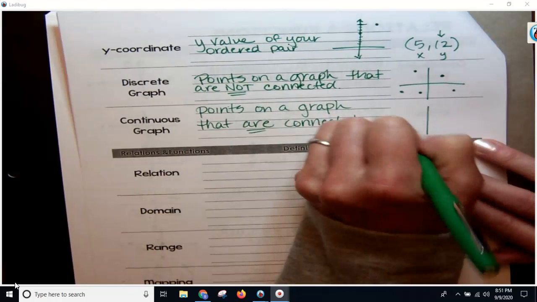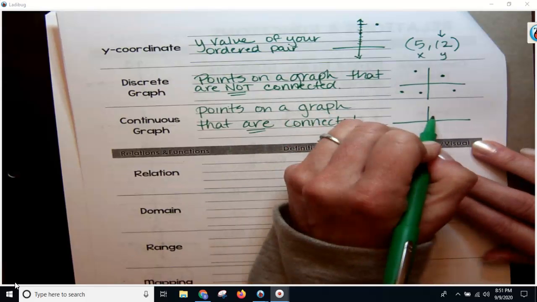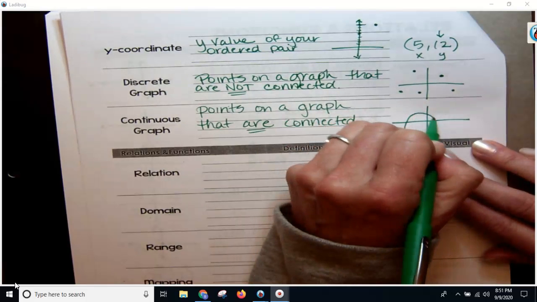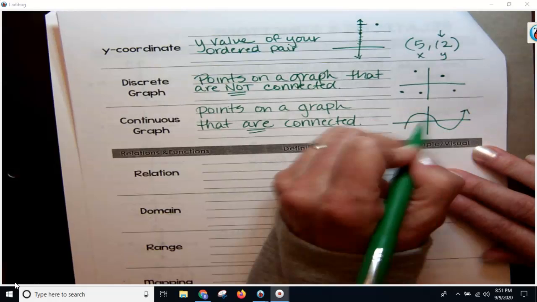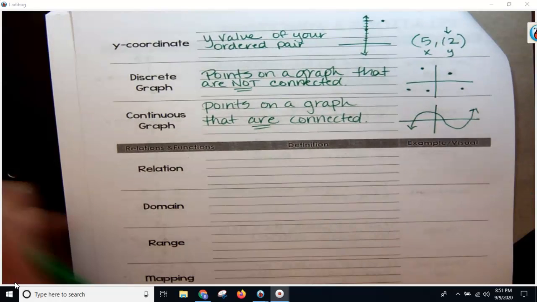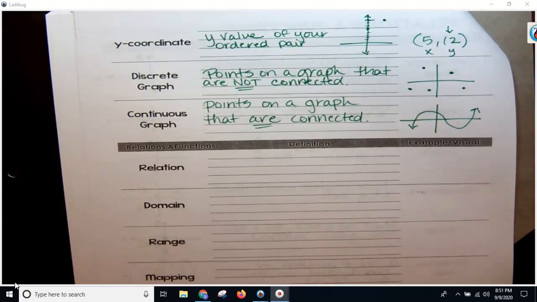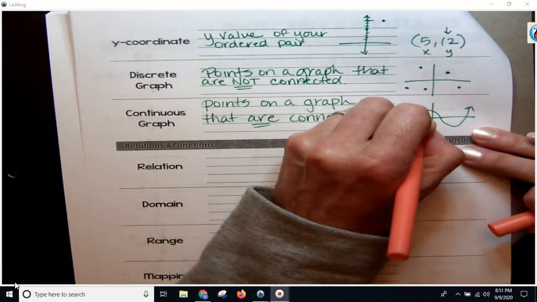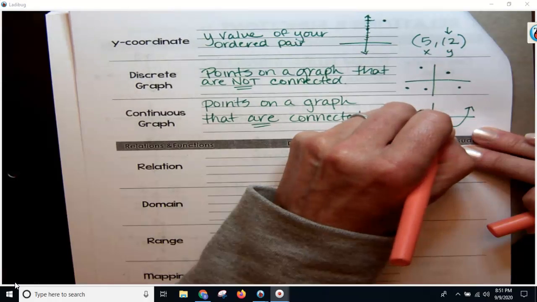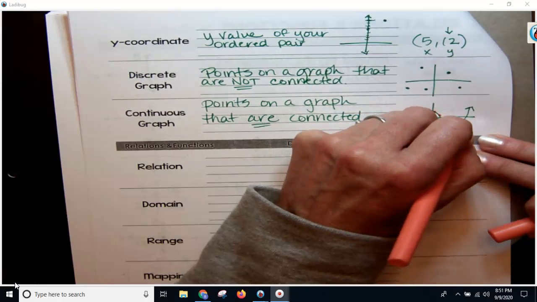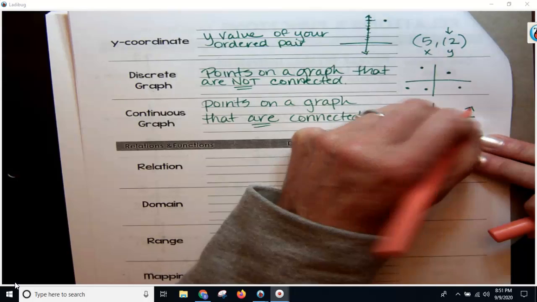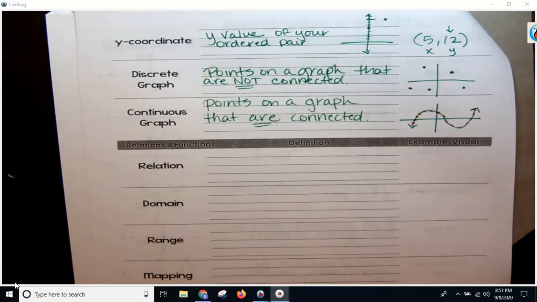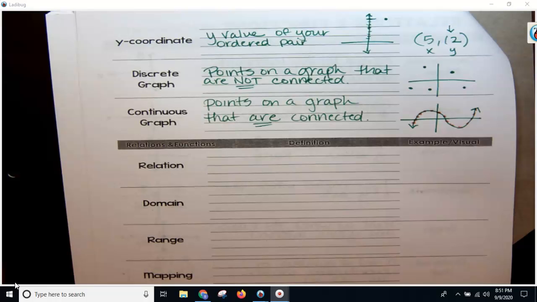So for an example, if I have just even any basic line or something like this, what you really need to understand is that all of this line is made up of a bunch of teeny tiny little points that are so close together that it looks like they are making a continuous graph when really they're all different points, all right?